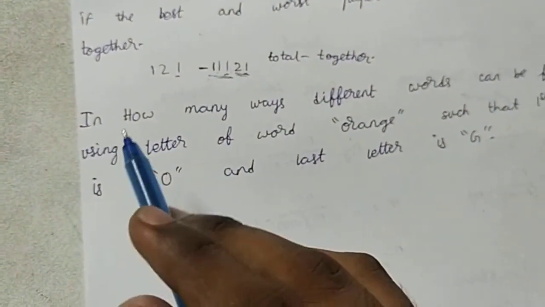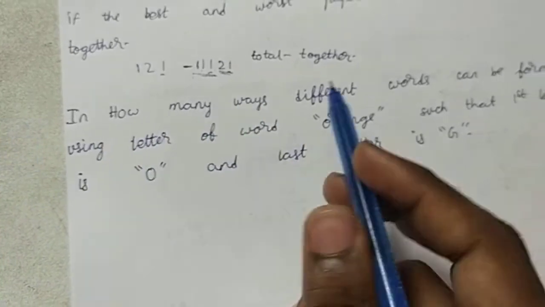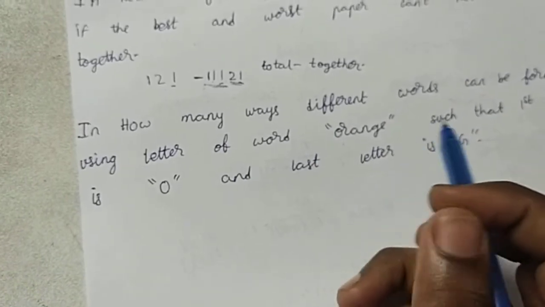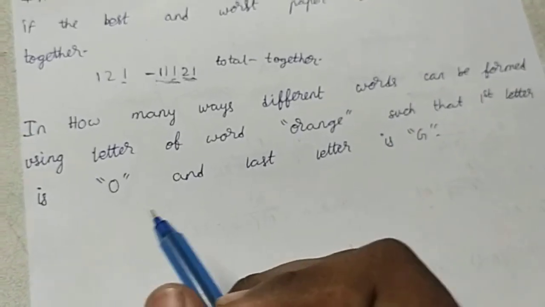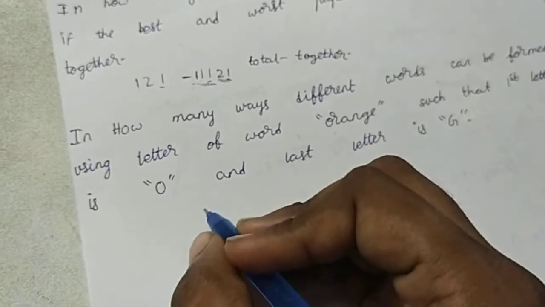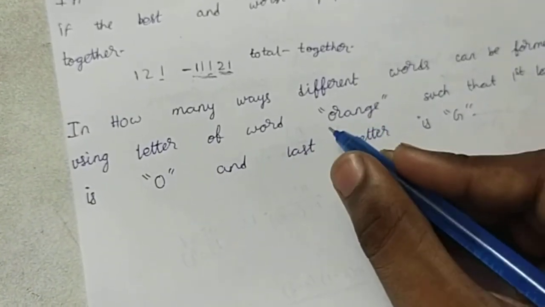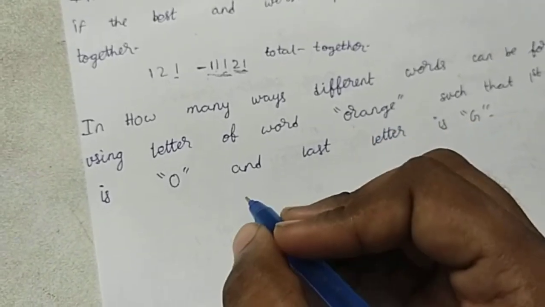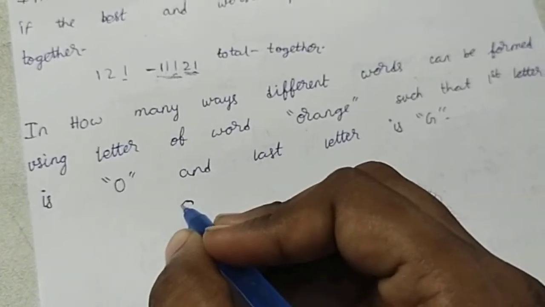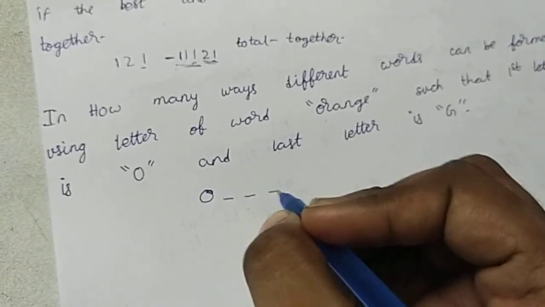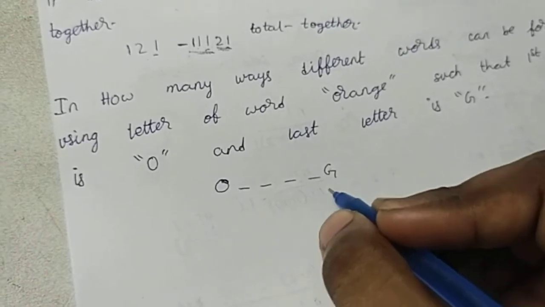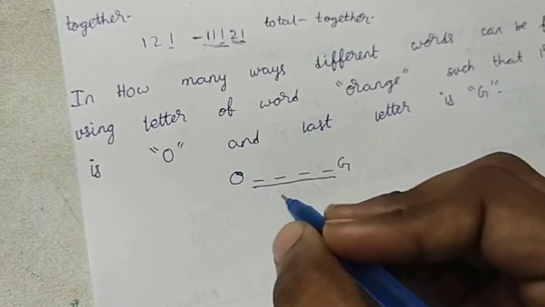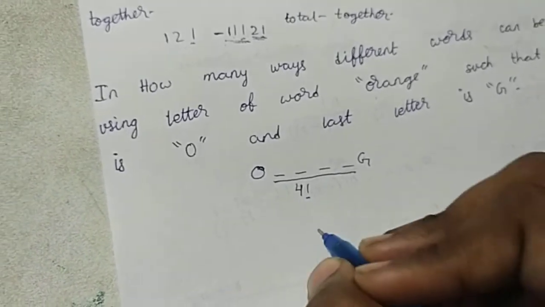They also sometimes ask questions like, in how many ways can different words be formed using the letters of the word ORANGE such that the first letter is O and the last letter is E. In the word ORANGE there are 6 alphabets, and the first and last letters are fixed, so we have 4 alphabets left, so we take 4 factorial.